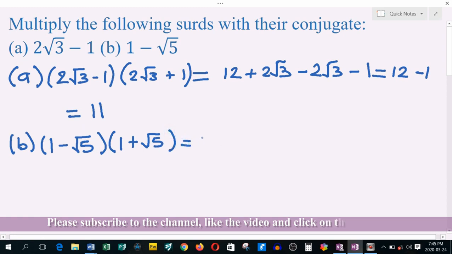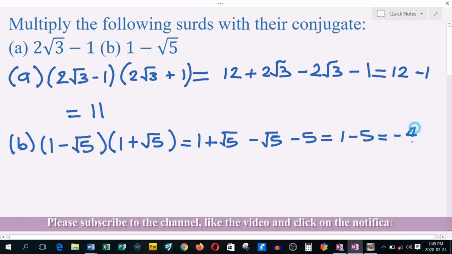So 1 times 1 is 1. 1 times root 5 will give us plus root 5. Minus root 5 times 1 will give us minus root 5. And minus root 5 times plus root 5 will give us minus 5. This will give us 1 minus 5, which is equal to minus 4.